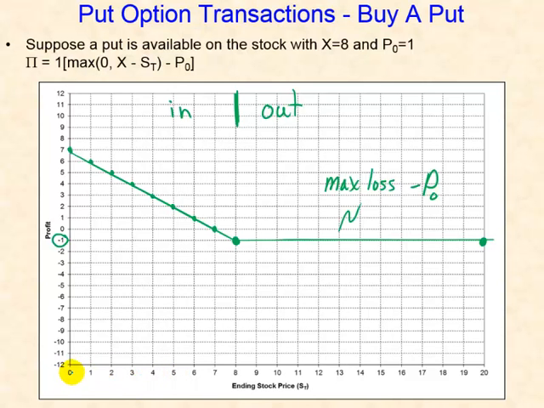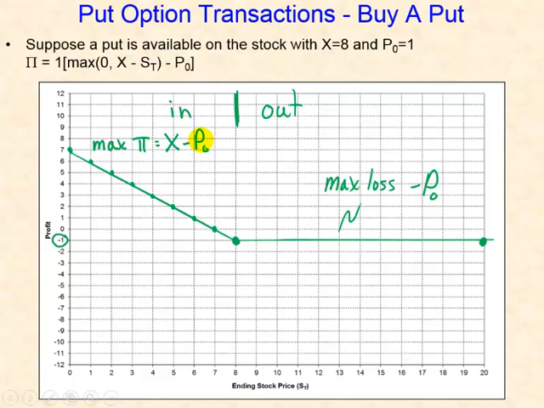The stock price cannot fall below 0, and so the profit cannot rise above 7 in this case. Our maximum profit, I'm going to write pi here for profit, is equal to the put exercise price minus the put premium. So in this case, we have 8 minus 1, $7 is our maximum profit.